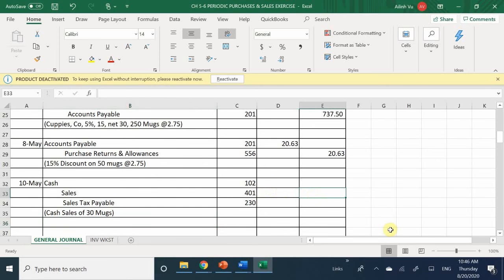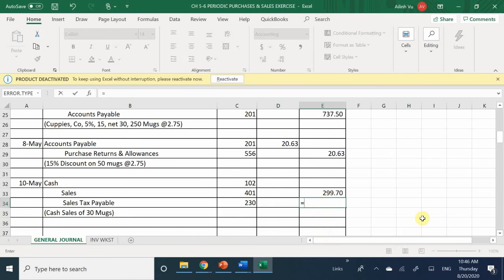What was my total sales here? $290.70. Okay, what is my total tax here? 24.70? Did you say 79? No, not 79, 73, right? 73. I mean that's what I calculated here on Excel.